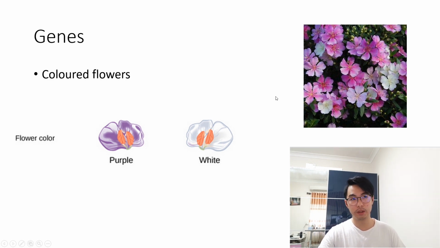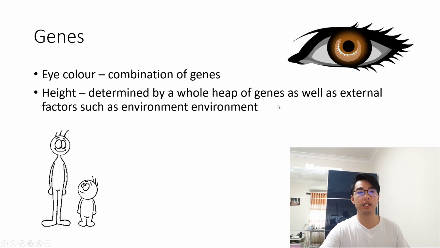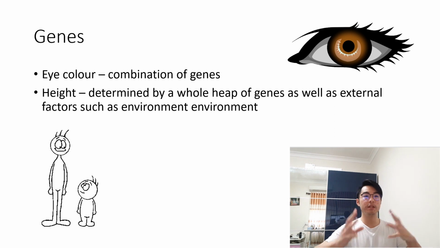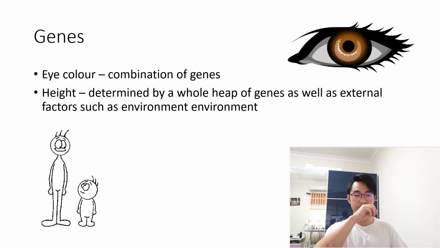Now, most traits, though, most characteristics, and especially in humans, are quite complicated. For example, the color of your eyes, your eye color, it's not just one gene expressing that physical appearance, but rather it's a whole combination of genes interacting with each other to give that expression.